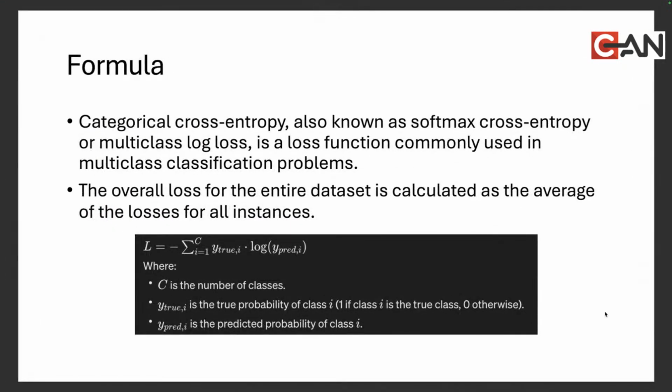Here's the formula. This is categorical cross entropy, and the formula is the sum across all of the classes. We're taking the y true value at i times the log of y pred at i, so we're multiplying those two things together.